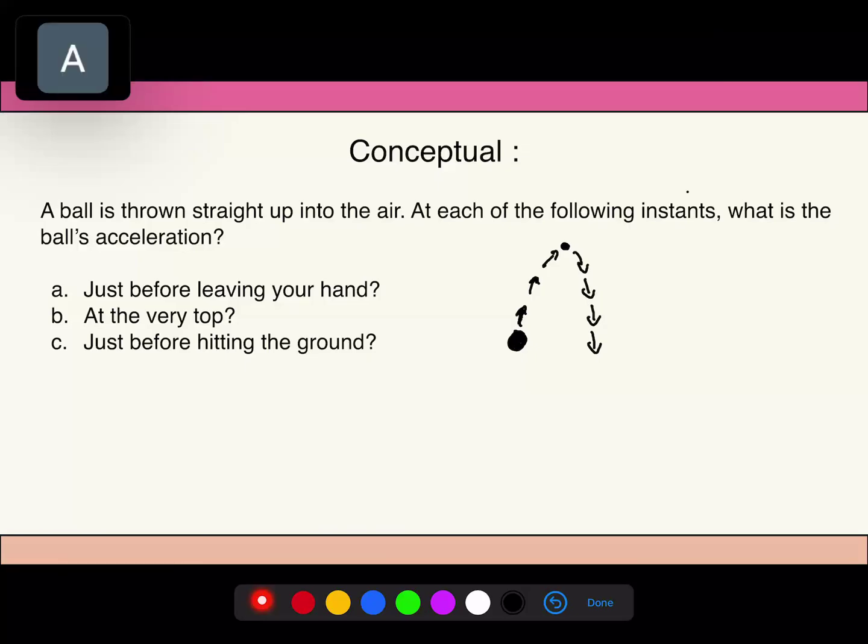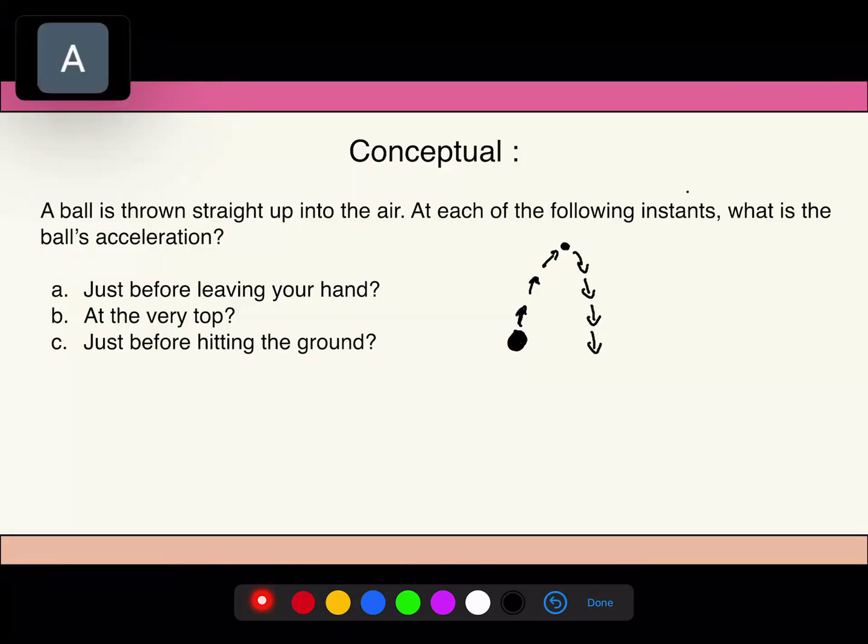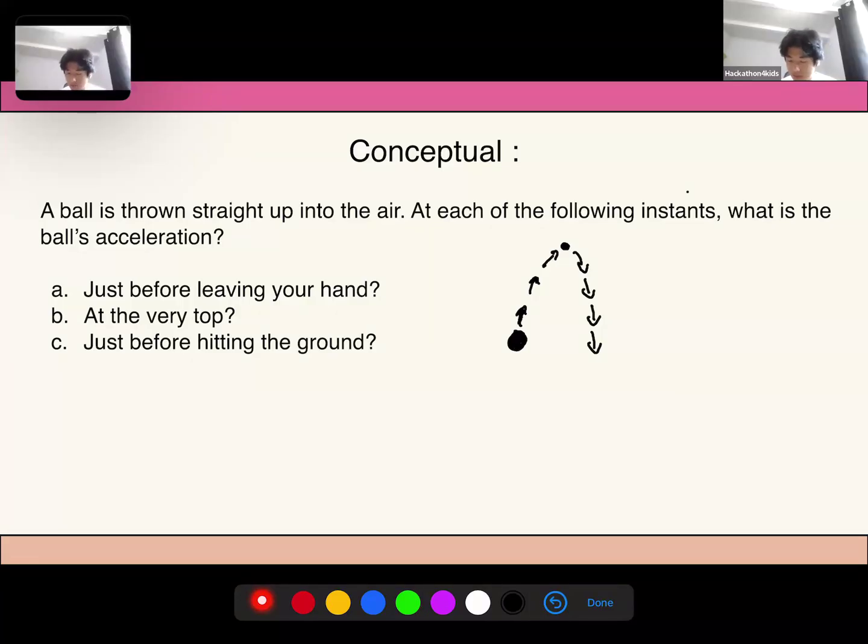So it starts experiencing the gravitational pull and the constant acceleration the second it leaves, even if it's going up. It just takes a while for it to start coming down. Yeah, because you gave it an initial velocity of, let's say, 50 meters per second going up, right?